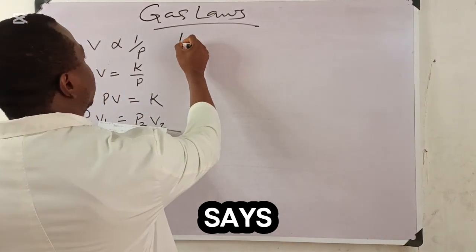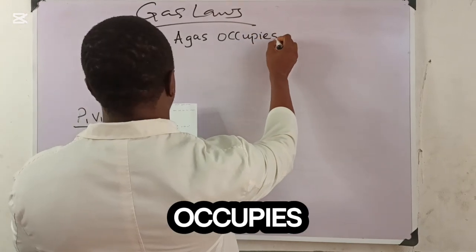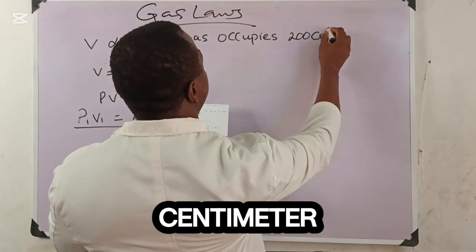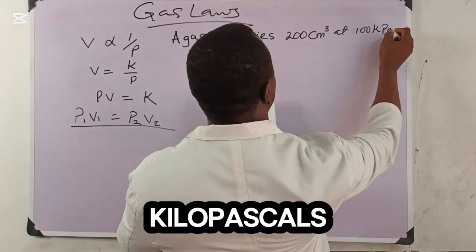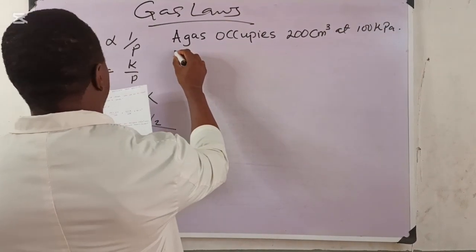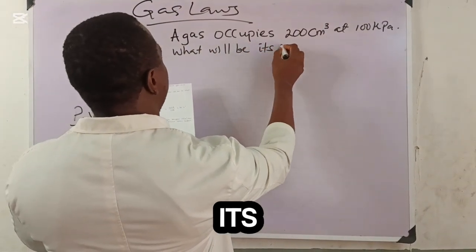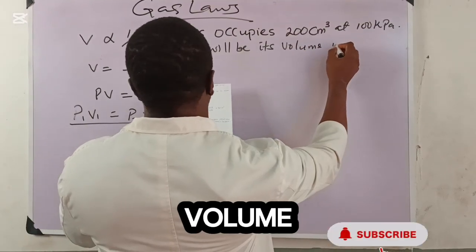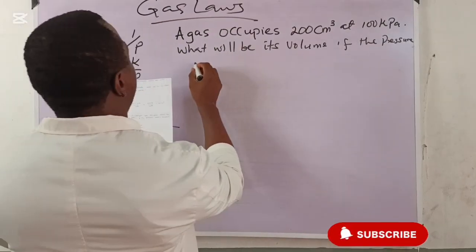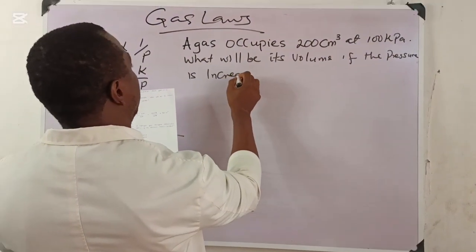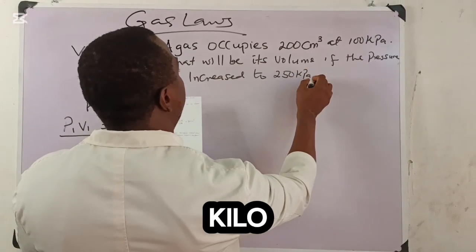The question says that a gas occupies 200 centimeter cube at 100 kilopascals. What will be its volume if the pressure is increased to 250 kilopascals?